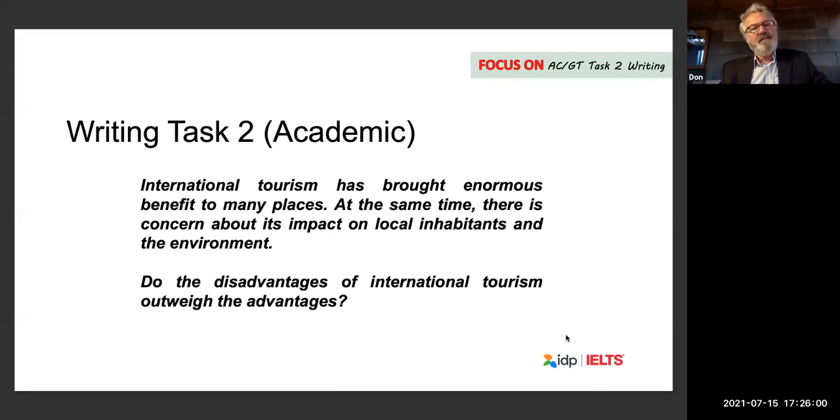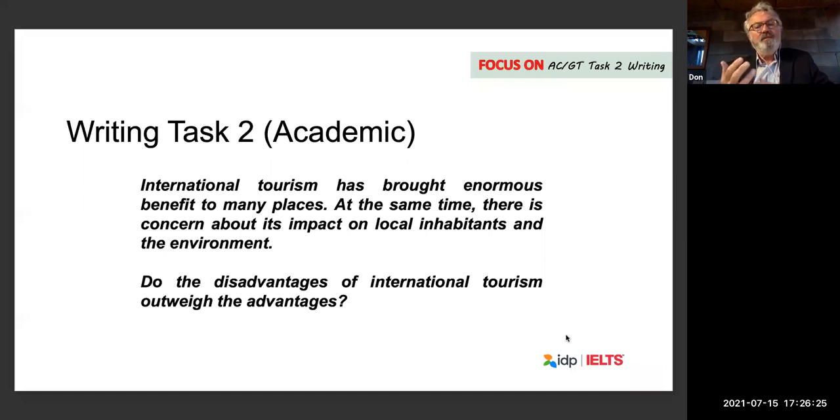And here, this is an actual task that was used in an IELTS test, and it's about international tourism. And we're going to look at an essay which answers this question. As before, we look at the topic, we look at the task, and we think, well, how many parts are there?